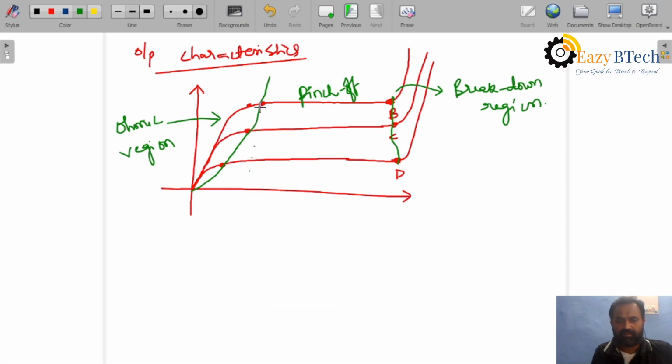Now you can see this point we will call VP. In the output we draw a graph between IDS versus VDS.